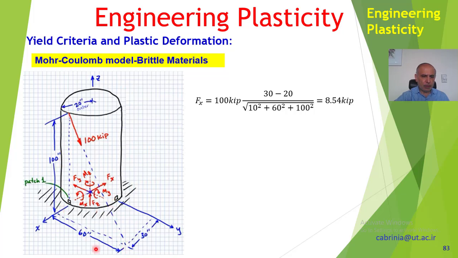That's 100, that's 60, that's 30. 10 to the power of 2 is that bit, 60 to the power of 2 is that bit, so it gives you this length, and then that is the length we want, and that's 100. So that is the cosine alpha, or L, times 100, which gives you the component on the x-axis, which is 8.54 kip.